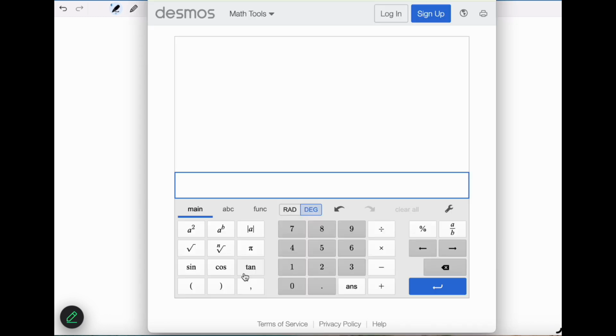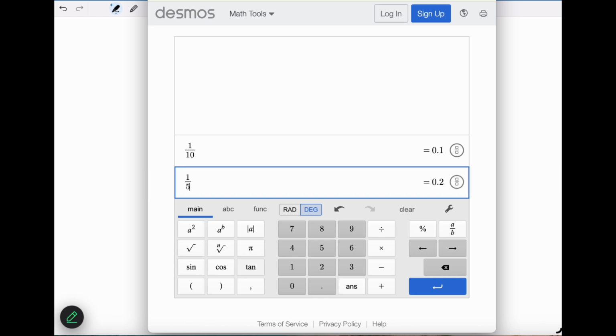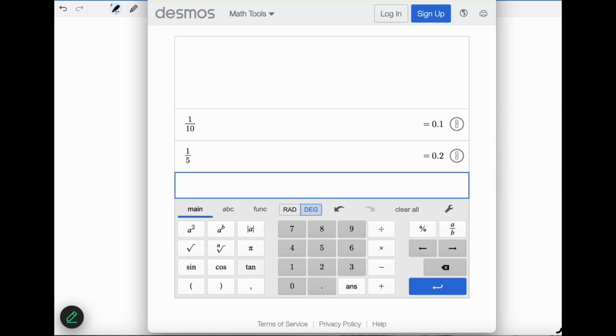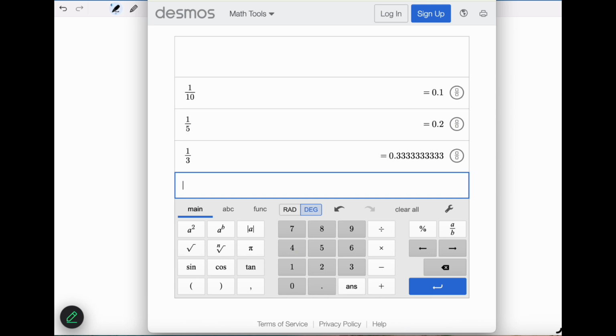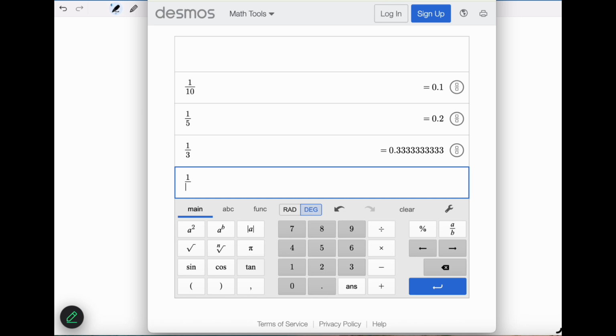Now, let's check the fractions concept. The first fraction is 1 over 10. The answer is 0.1. If we decrease the denominator to 5, the result will get doubled. In the same way, if we decrease the denominator a little bit more, the value goes on increasing.